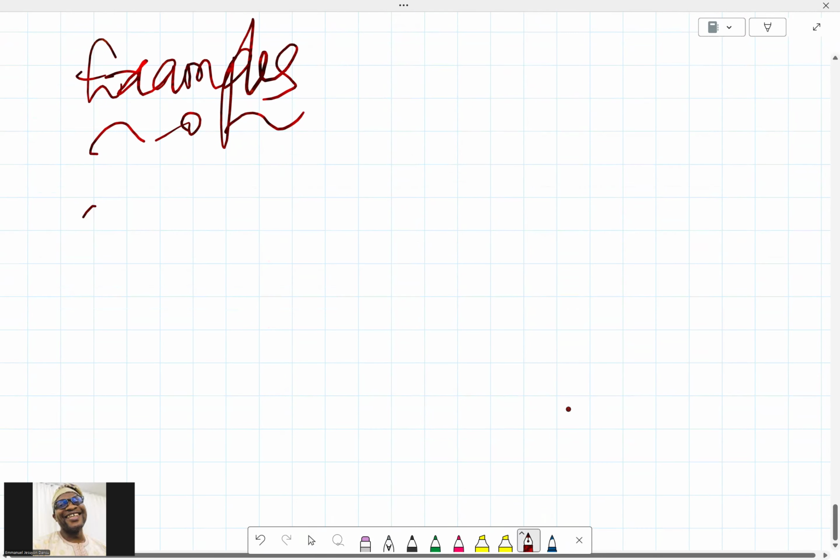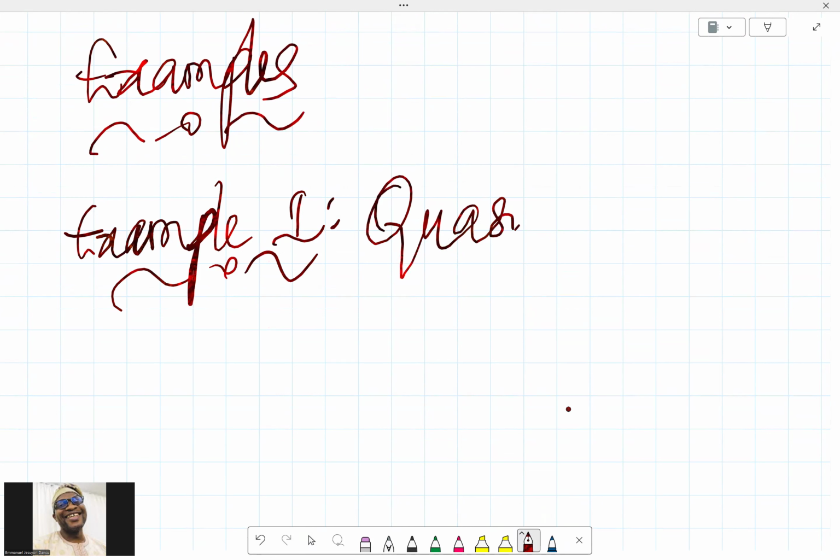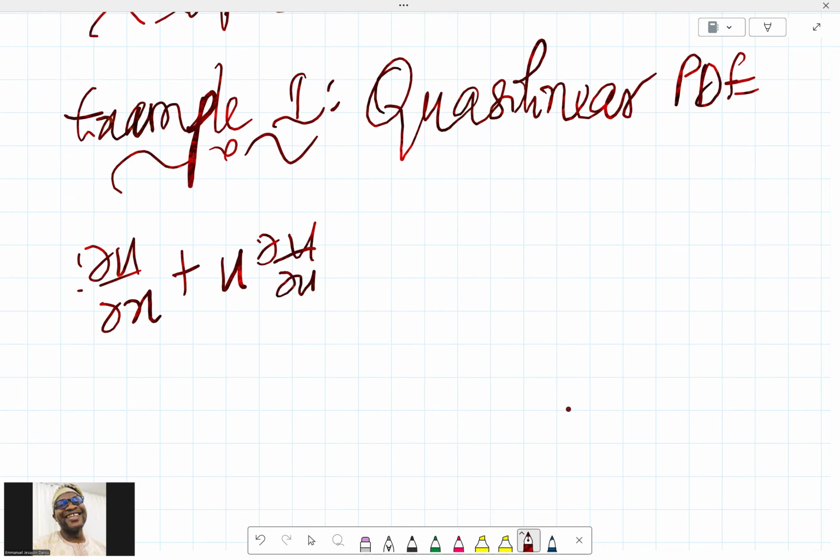Let's take example one, focusing on a quasi-linear PDE. So here we have something like partial u, partial x, plus u, partial y equals 0.